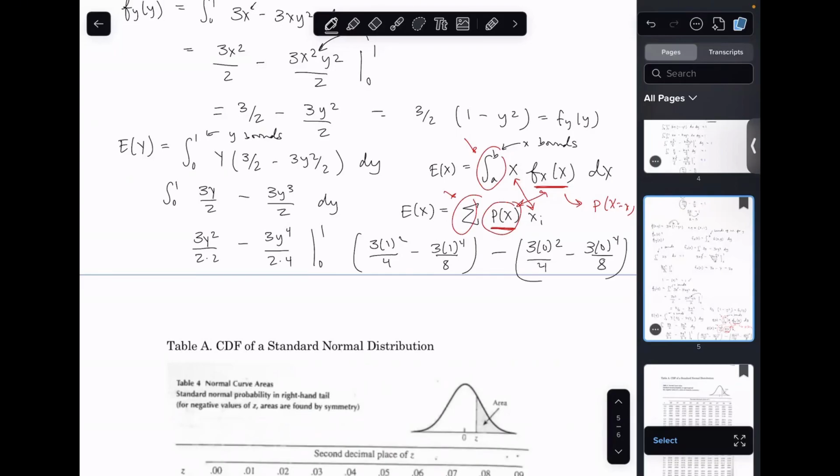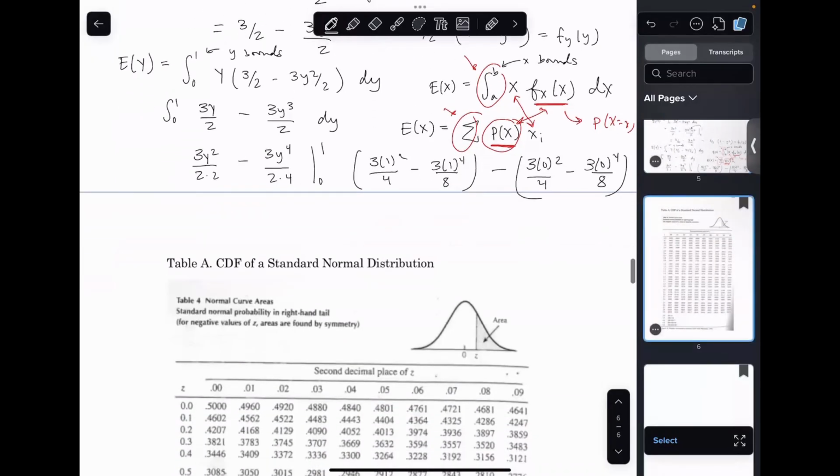And that would be what the integral equals. I've been dropping this off this whole time because we've only been working with a lower bound of 0. If it's not 0, you can't just drop it off. So make sure you're plugging that in like we see here. If we do this, we get 3/4 minus 3/8, which is 3/8. And there is our mean for y. So if I ask for the mean for y, we know how to do it.